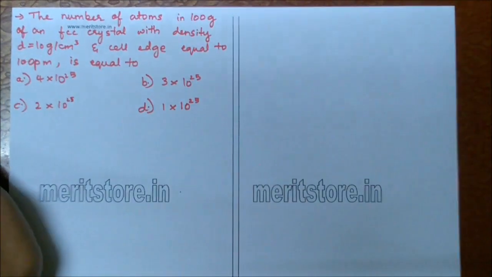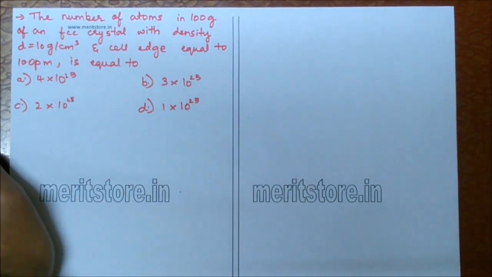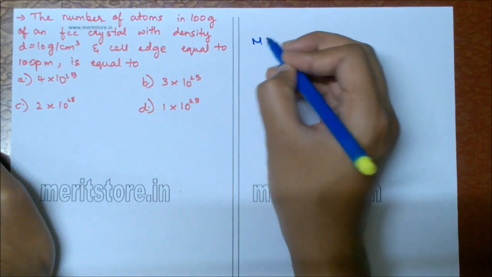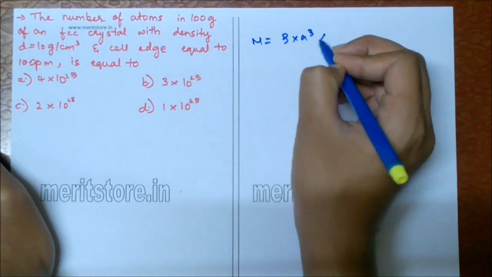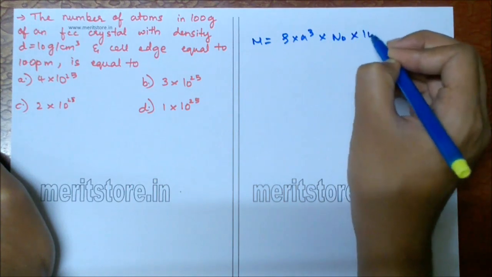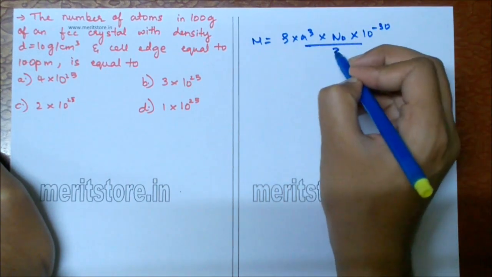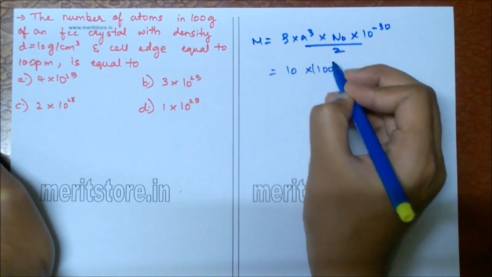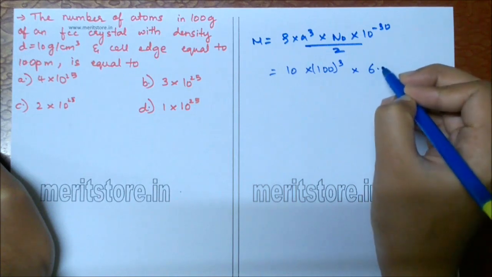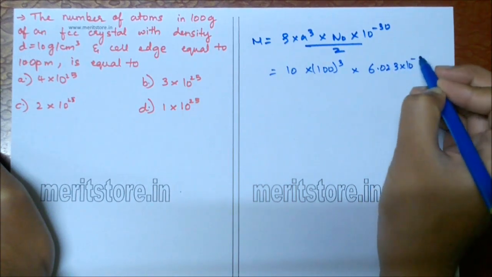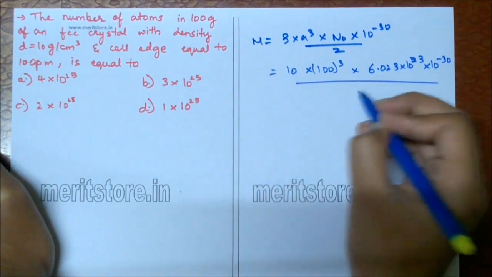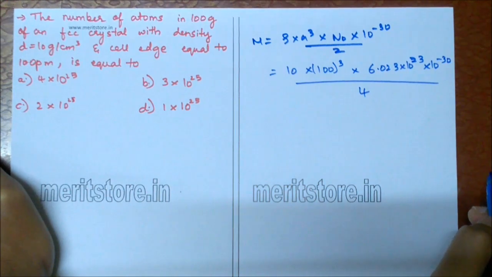Number of atoms in 100 gram of an FCC crystal with density 10 gram per centimeter cube and edge length equal to 100 picometer is equal to. We know the formula: M is equal to rho a cube into N0, which is Avogadro number, into 10 raised to minus 30 upon Z. So substituting the values, we get 10 raised to plus 23 into 10 raised to minus 30 divided by Z, which is the number of atoms, equal to 4.